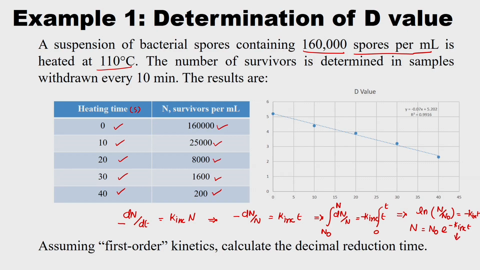We said that normally we write k as 1 upon D, so this is the D value at a particular temperature. And normally the convention followed is the log scale. In the log scale, following the same convention, dN upon N is k dt, integrated from N naught to N, 0 to t.